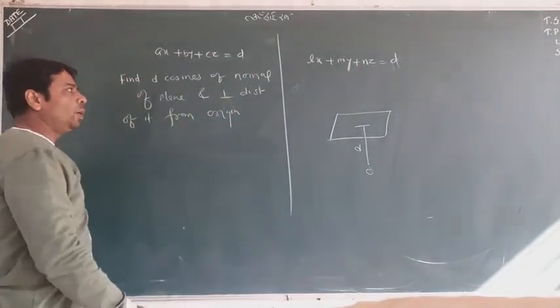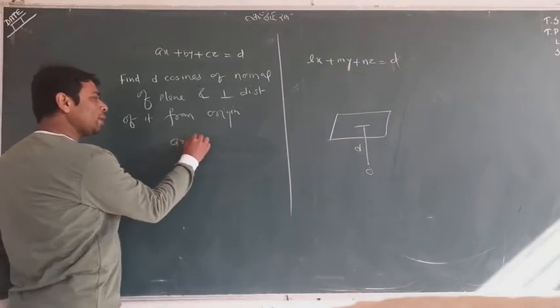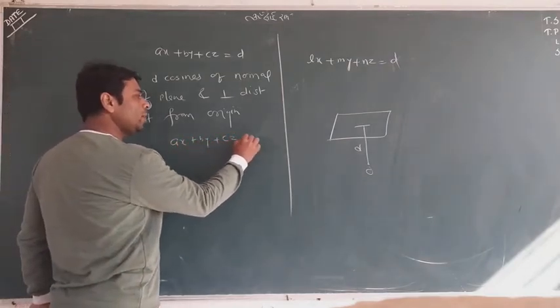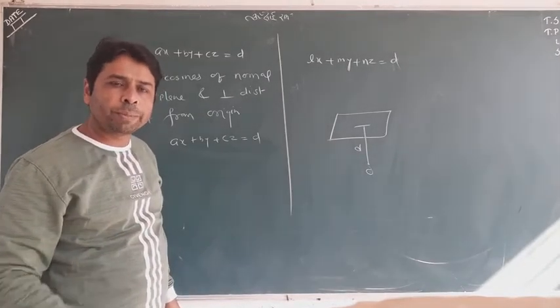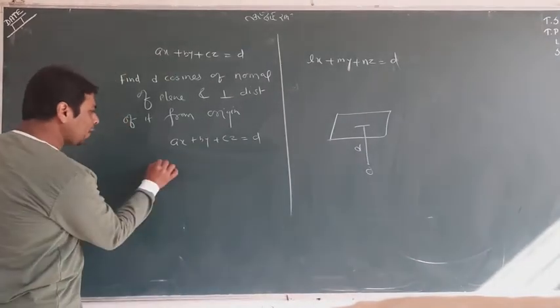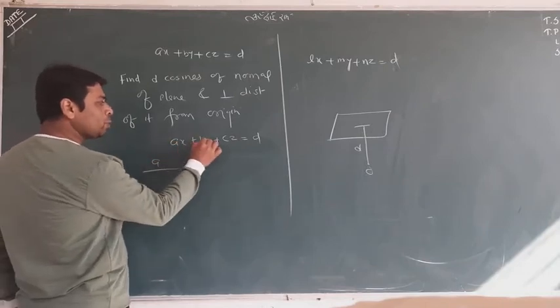When you have ax plus by plus cz equal to d, which is the general form, and you want to convert it into the normal form, you just divide by the square root of a square plus b square plus c square.